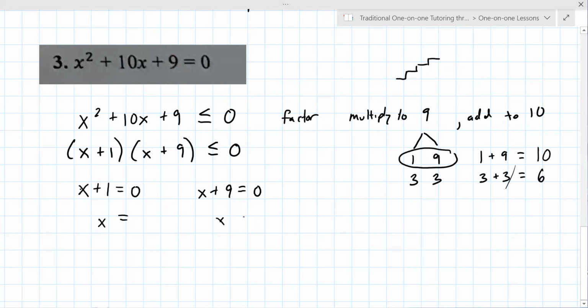What does x equal? Right there, that's x equals -1 and x equals -9. Yeah. Okay.